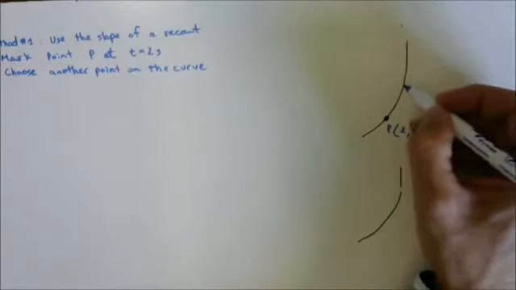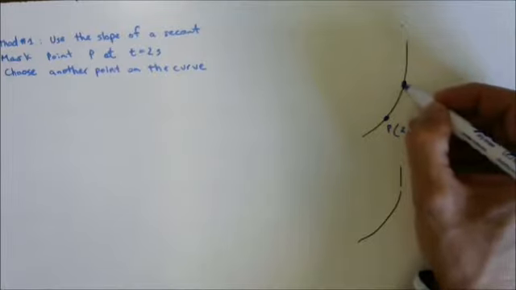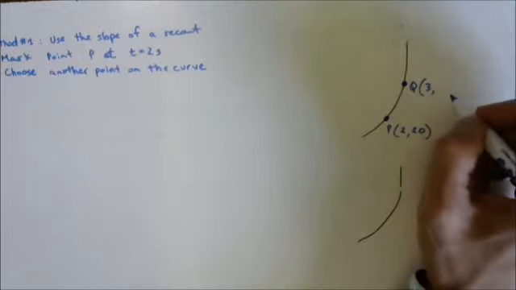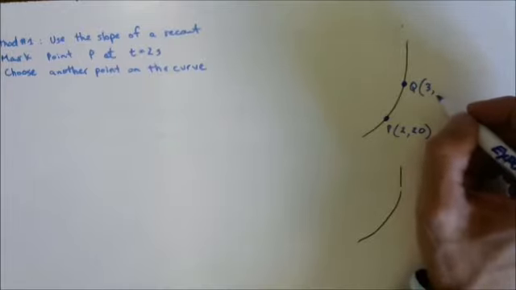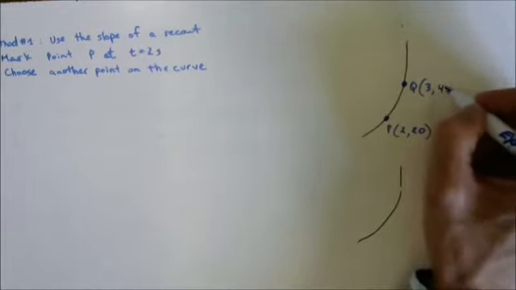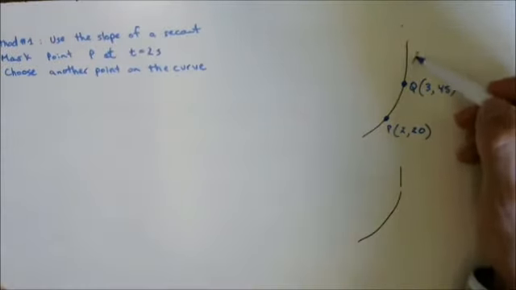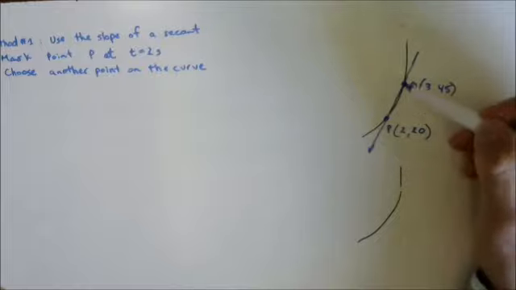Let's take t equals 3. Call it Q, and you can see by your chart that it's at (3, 45). And then you can draw a secant line through those points.